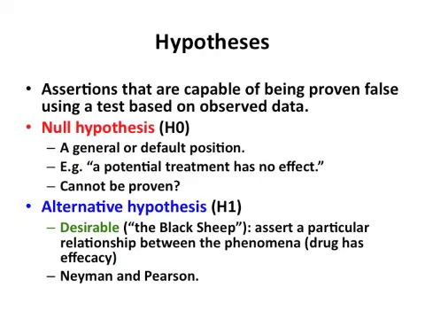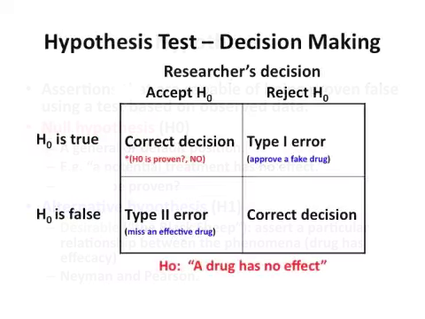Okay? Again, here you see, a potential treatment has no effect. Can you really prove it? Probably you can't. You may never prove that a drug has no effect. Why? Unless you can apply that drug to everyone in this world and see no effect.